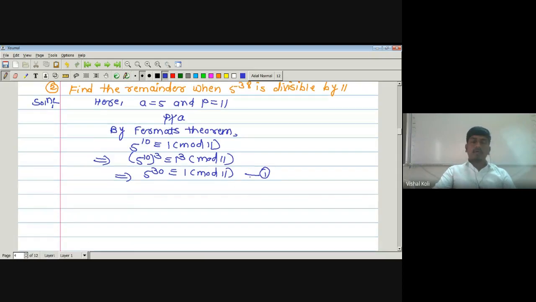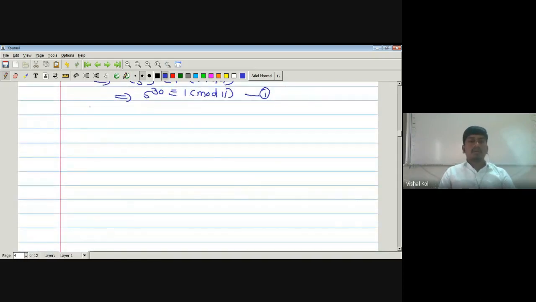Now 5 square is 25. What is the value of 25 modulo 11? 3, the smallest value. So 5 square equals 25, which is congruent to 3 modulo 11.